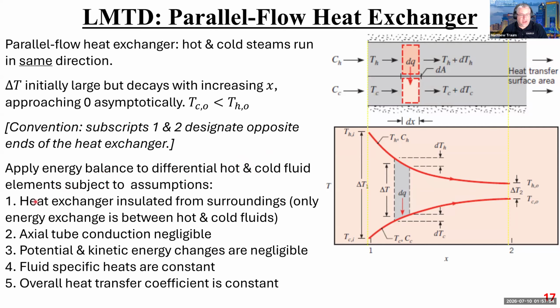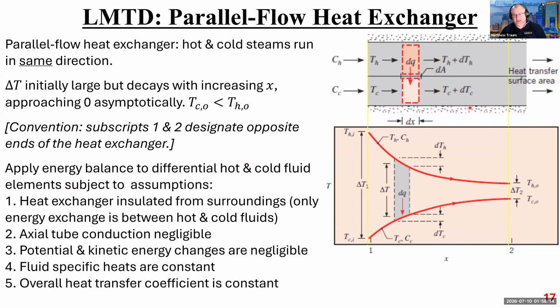So one is the heat exchanger is insulated from the surroundings, which you can see here in this schematic. What that really means is that the only energy exchange that we need to account for is between the hot fluid and the cold fluid, right? So that's number one.